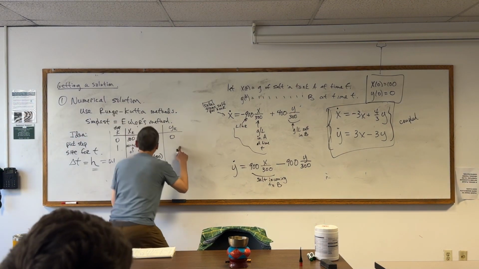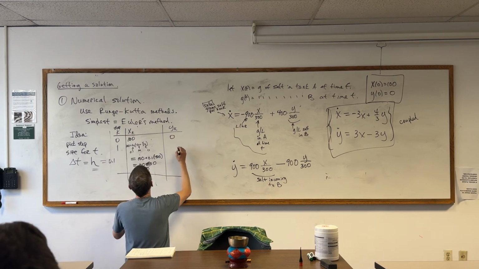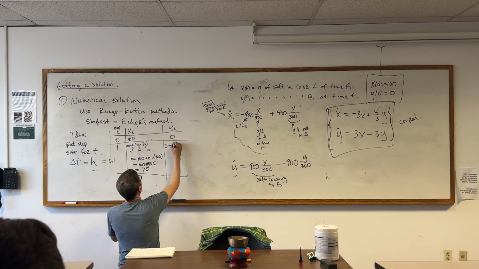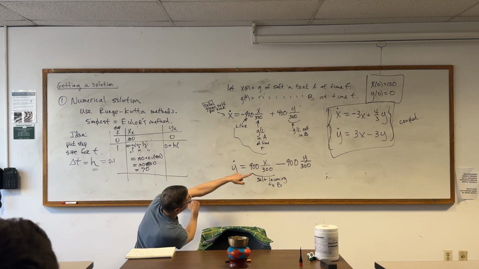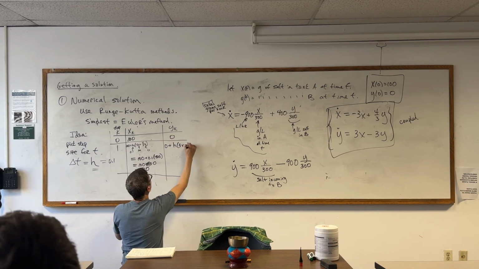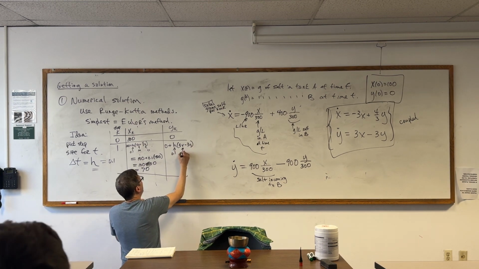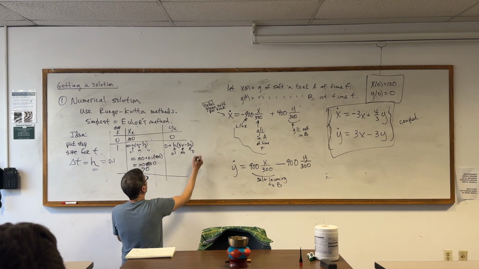And then simultaneously, I'm going to do this y value. It's going to be 0 plus h, my step size, times 3x minus 3y. Again, 0.1, x is 100, and y is 0.